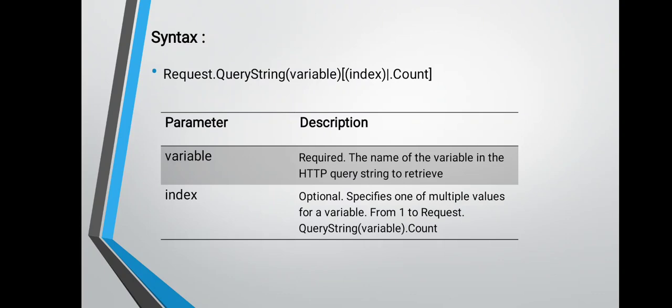Variable, required: the name of the variable in the HTTP query string to retrieve. Index, optional: specifies one of the multiple values for a variable, from 1 to Request.QueryString(variable).Count.